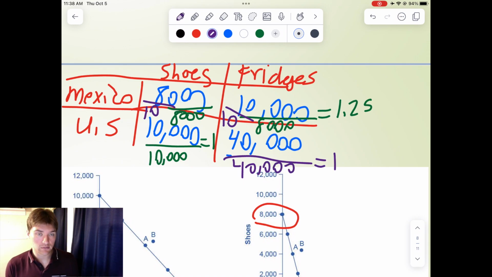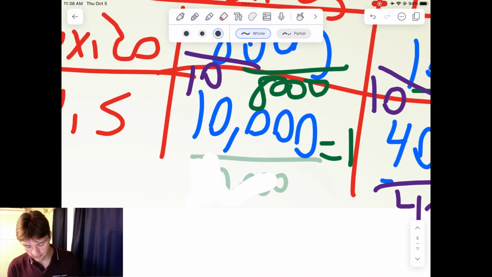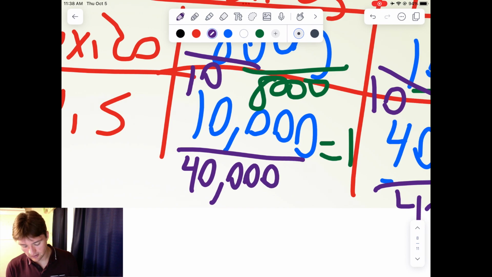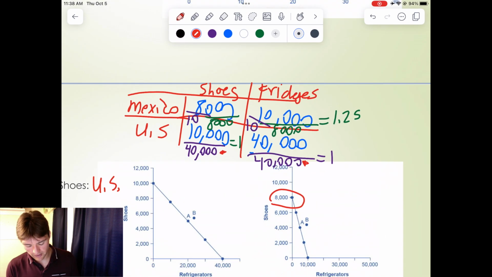So 1 fridge is how many shoes? We'll do 10,000 divided by 40,000. Notice that the 40,000 is the same for both sides here. So this will equal 0.25.